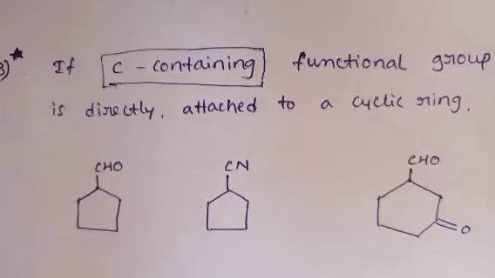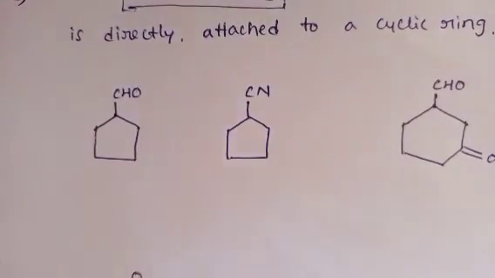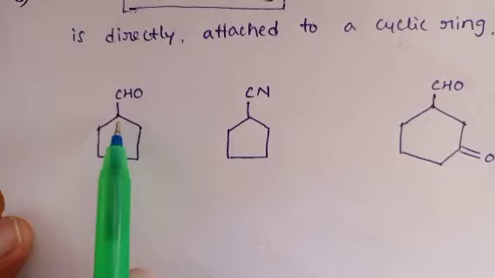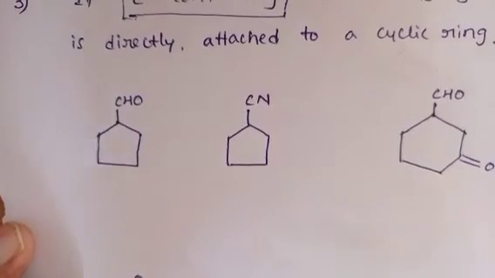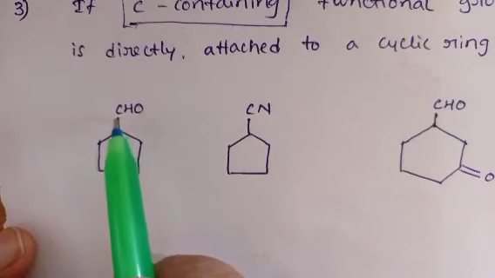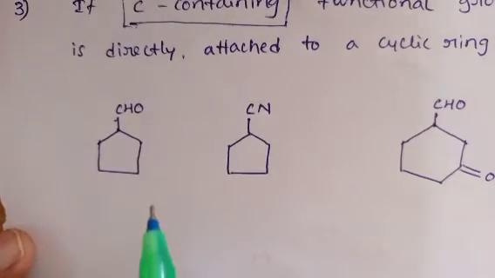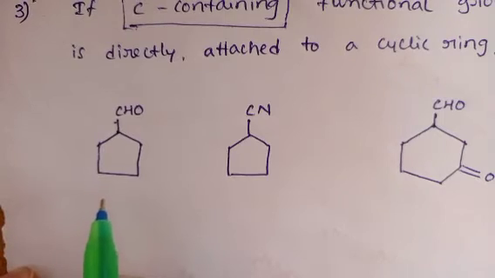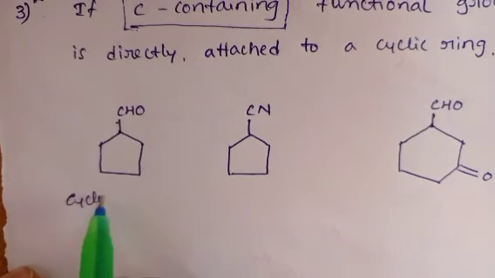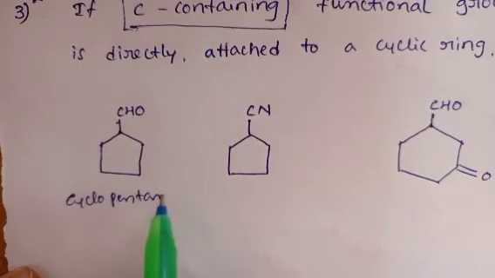Now check it. What is the name of the first compound? This is a cyclic compound. In this compound, a 5-member ring is present and one functional group is present. But that functional group contains carbon, and it is directly attached to the cyclic ring. So the name is, first write cyclopentane.